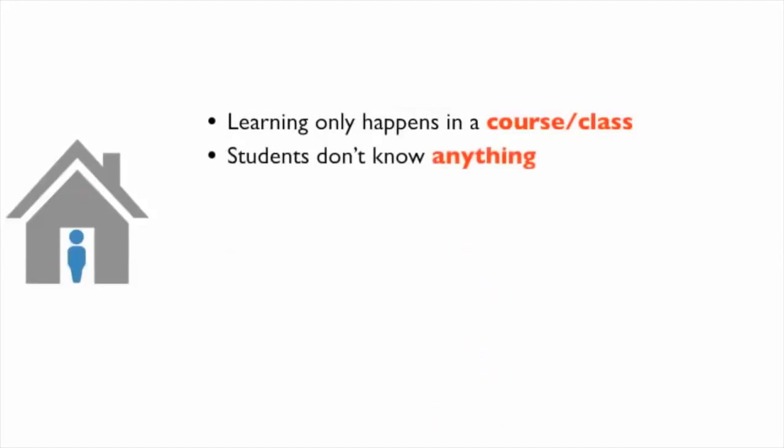We experience this in almost all of our formalized education. And this approach actually makes a few assumptions about the learning process that I want to talk about. The first one is that learning only happens within the context of a class. The second one is that the student doesn't know anything about the topic and that the teacher really knows everything. The student should also not have any control over what they're learning or how they're learning it.